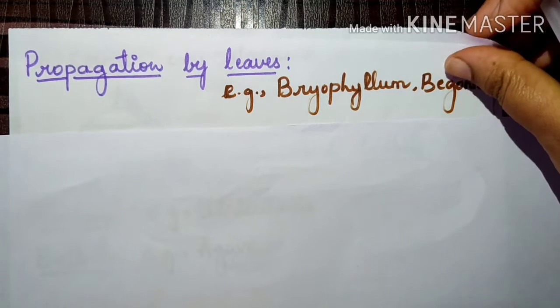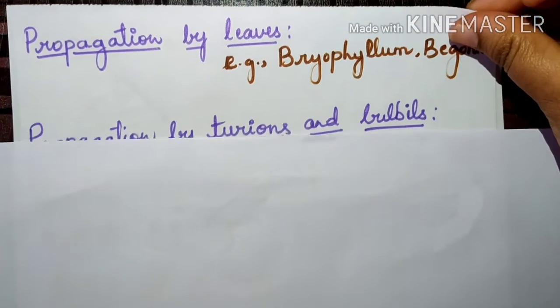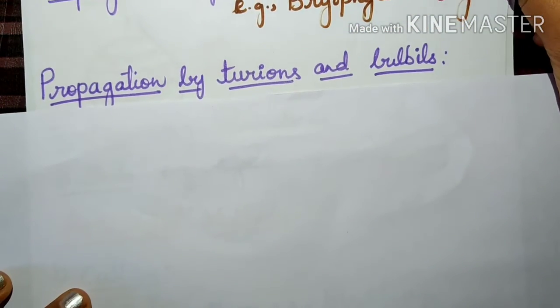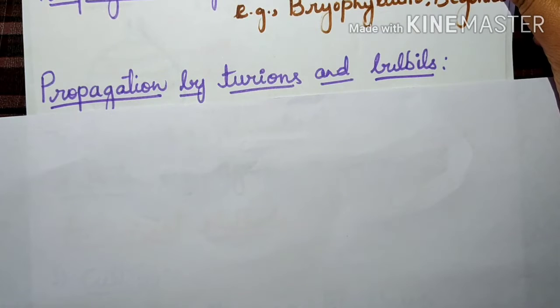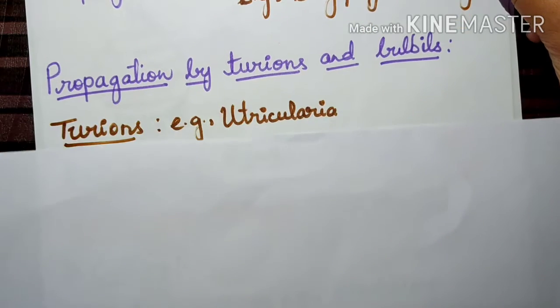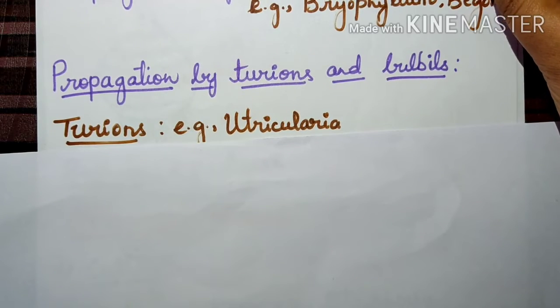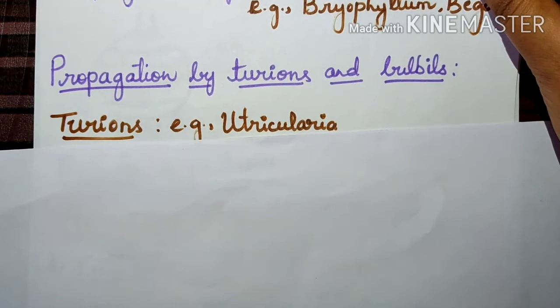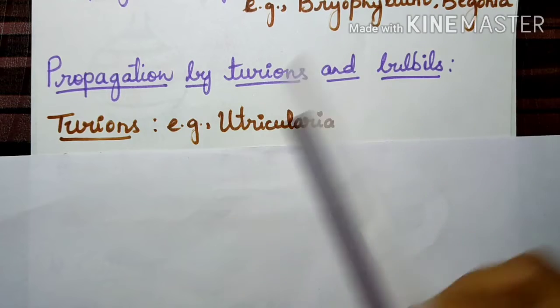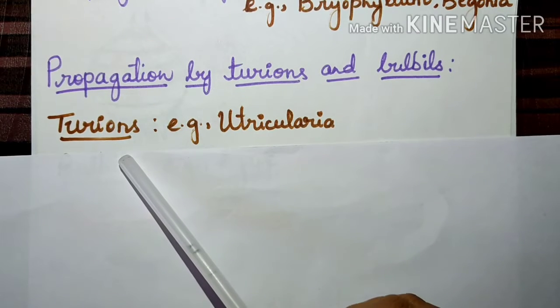Another important method is propagation by turions and bulbils. Let us see what these turions are. A turion is a special type of fleshy bud that develops in aquatic plants.